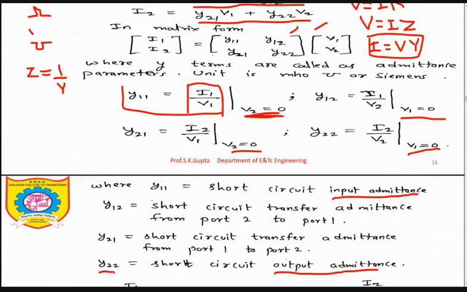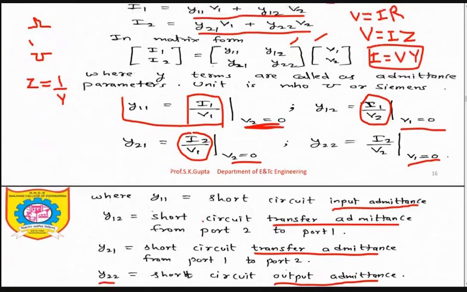And Y12 is input current and output voltage, so it is called transfer admittance. Similarly, Y21 is I2 current and V1 voltage, so it is also called transfer admittance from port 1 to port 2.